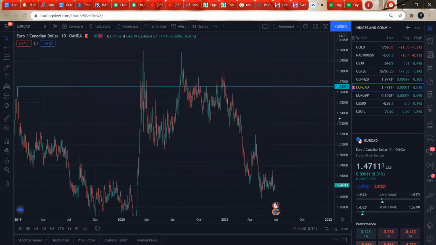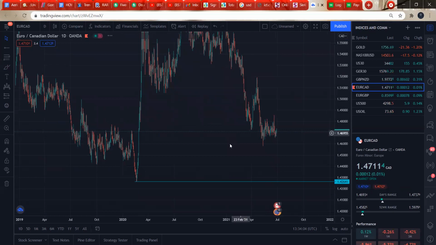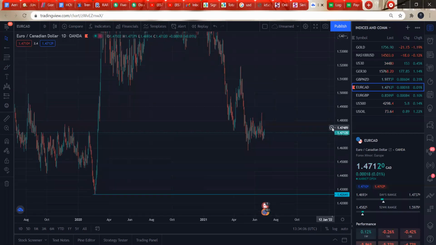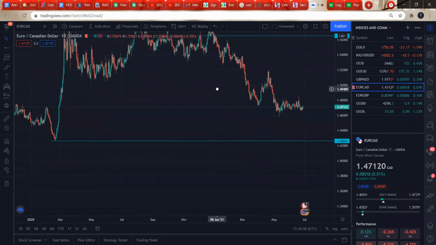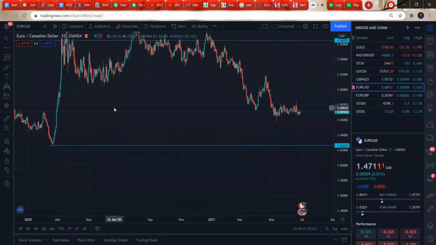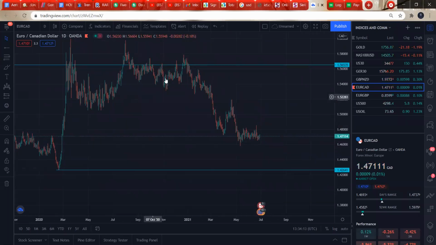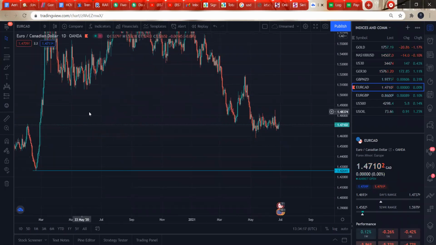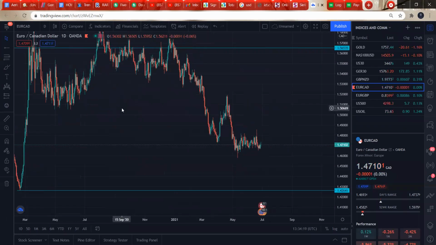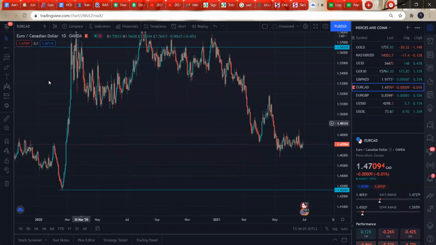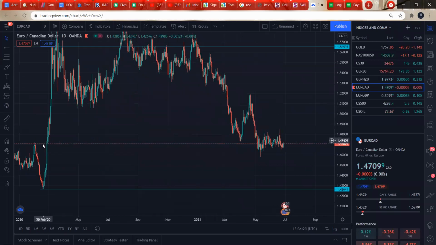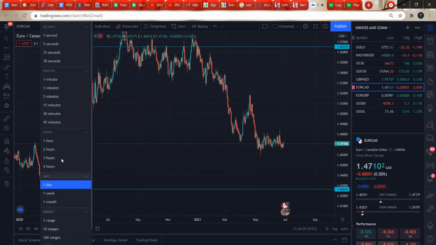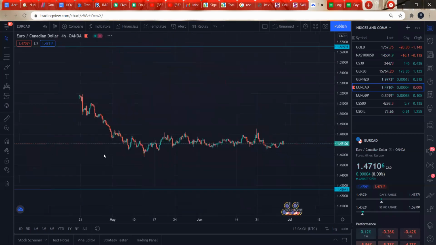You can have two accounts, one for day trading and the other one for long-term trading. So you can see even on EURCAD, the structure is beautiful, setting up nice. What I'm just waiting for is an order block test. Let me just go to H4 and find an order block.